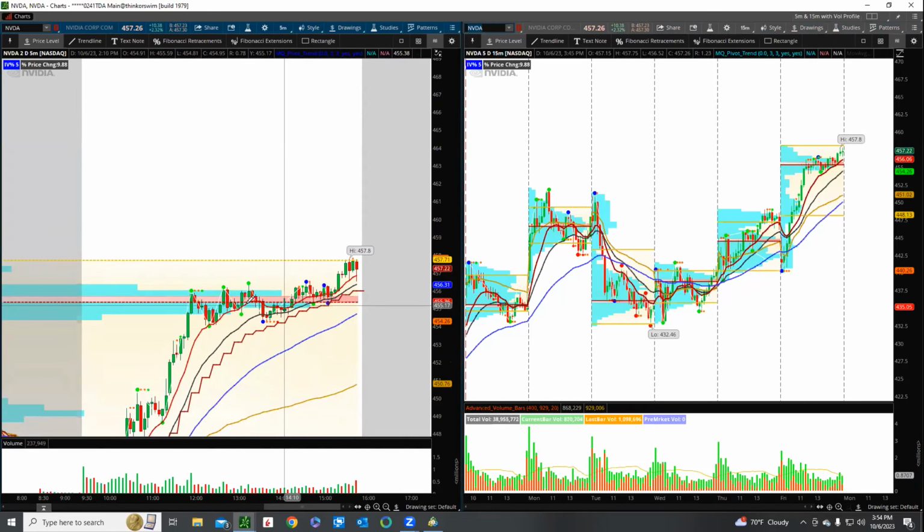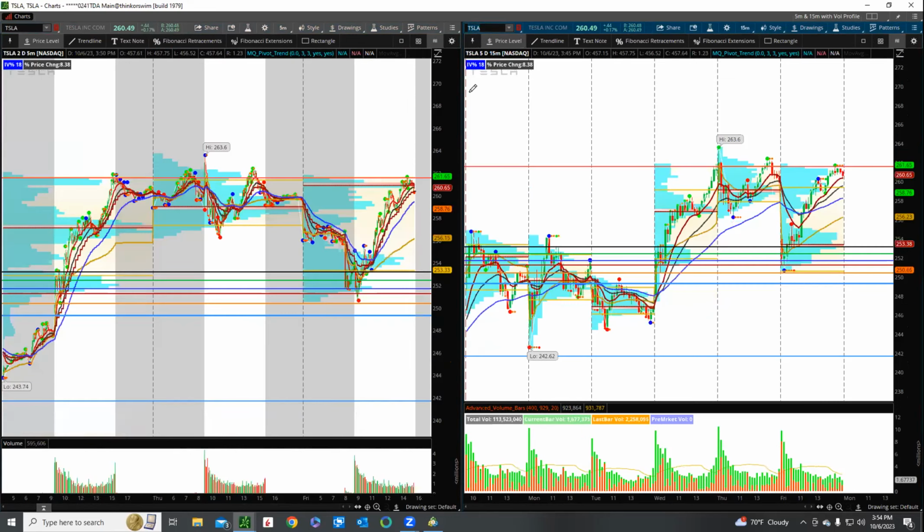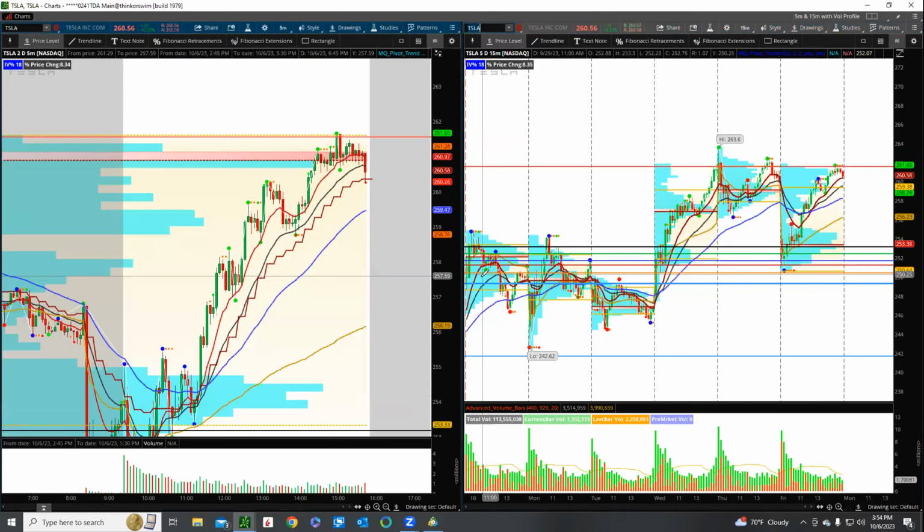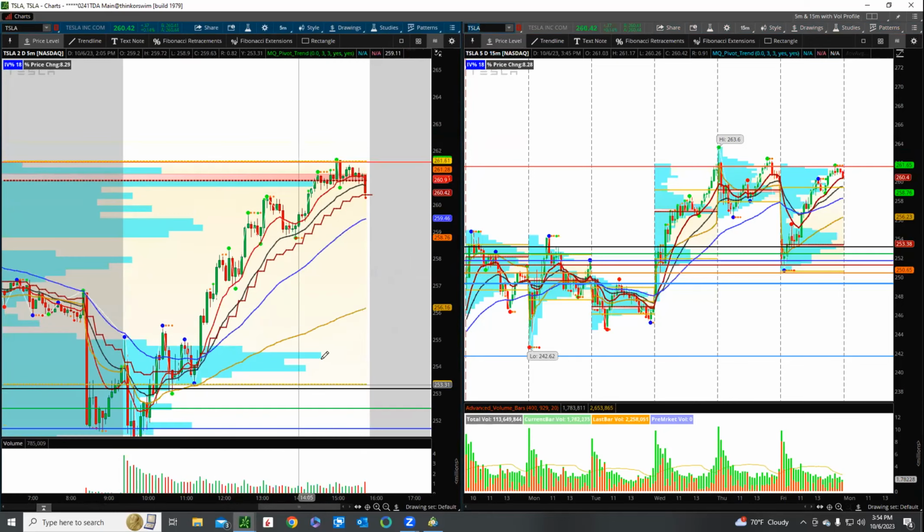See this? I don't remember it being that high when I had first taken over. Let's go back to Tesla real quick. Did the point of control move up? It did. Look at that. When I first took over, we could go back to the recording. The point of control was down here, right? And I was talking, so the point of control was here.